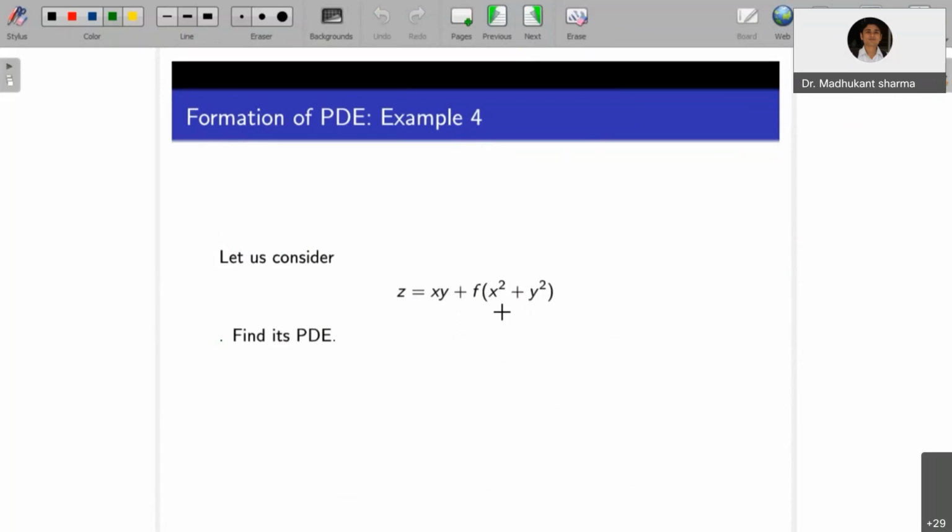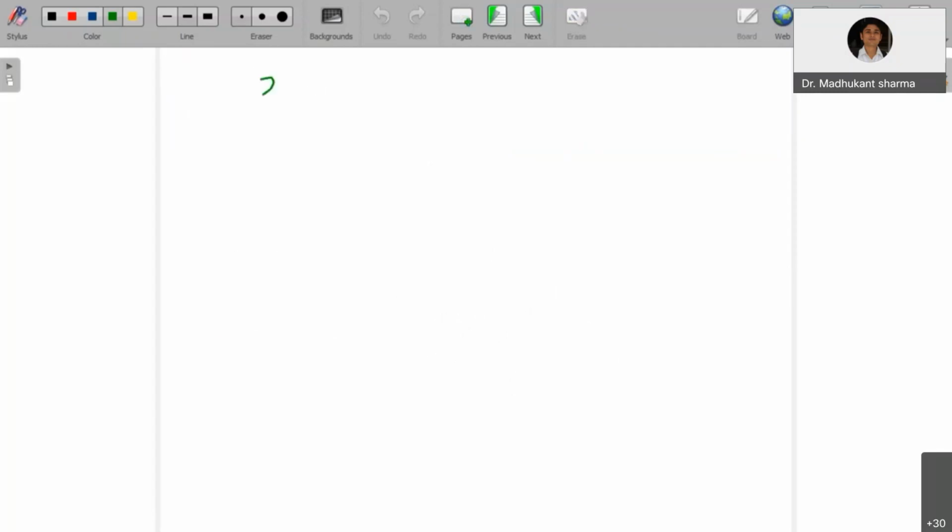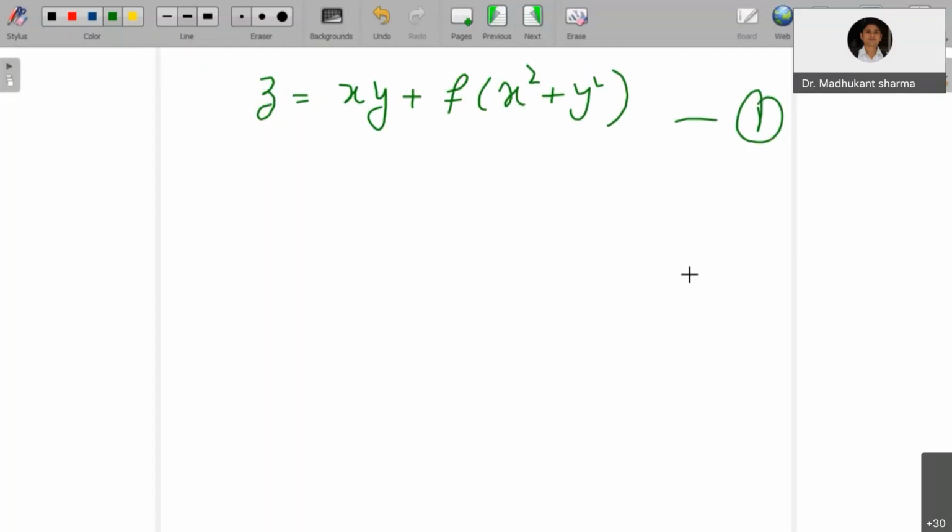If you have 2 arbitrary functions, it will correspond to the second order. If you solve this problem, you will solve it in the same way. Your goal is to eliminate this arbitrary function f of x square plus y square. You can call this 1.